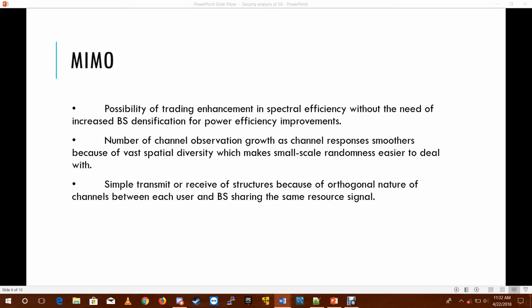It also offers several benefits, like the possibility of trading for enhancement in spectral efficiency without the need of increased BS densification for power efficiency improvement.